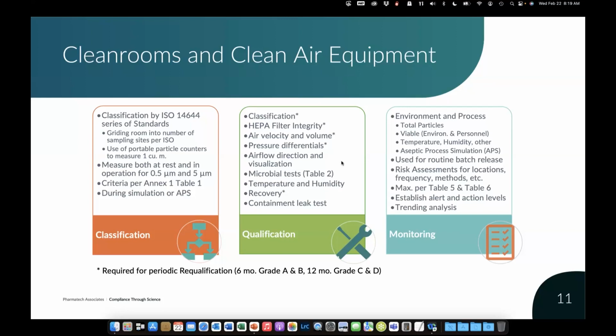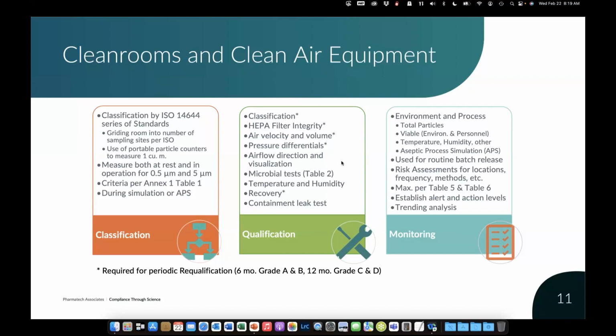We may monitor the temperature differentials between grades, between rooms, monitor the pressure, for example. And then they include within the monitoring section the aseptic process simulation. They consider this aspect of monitoring, but for those who do APSs, that's a fairly routine aspect.